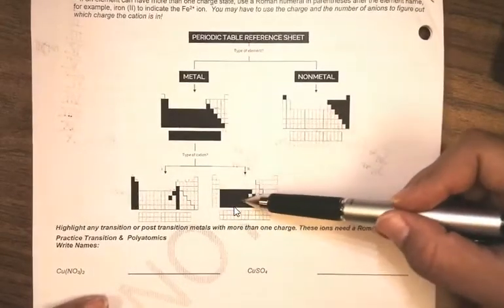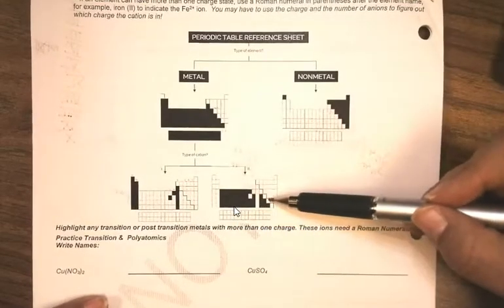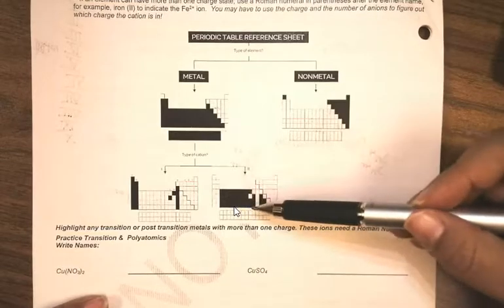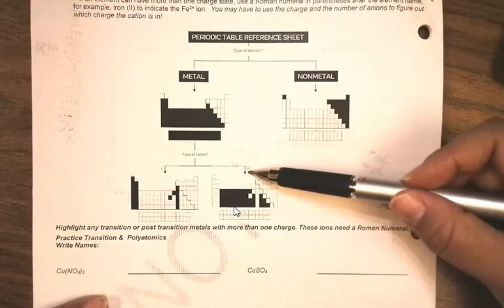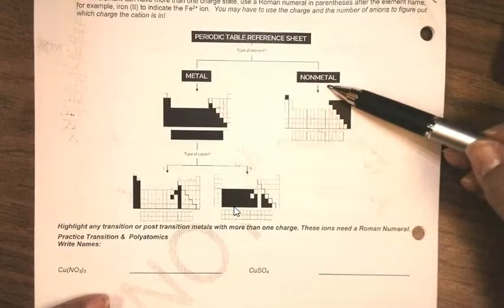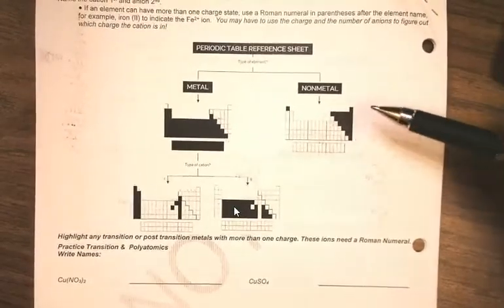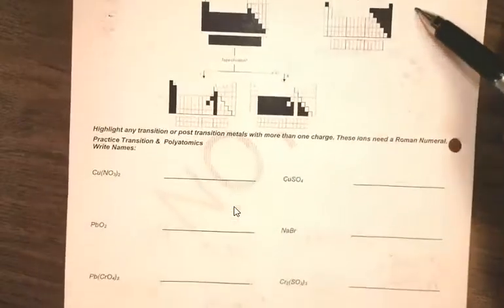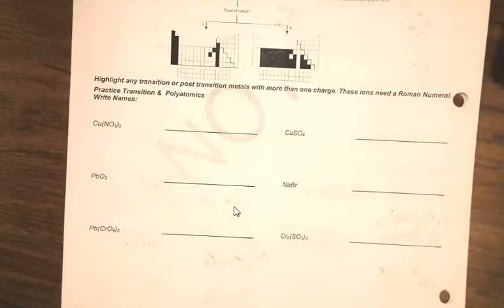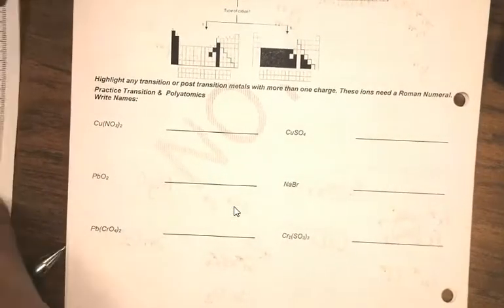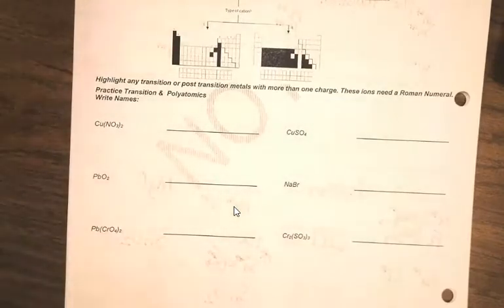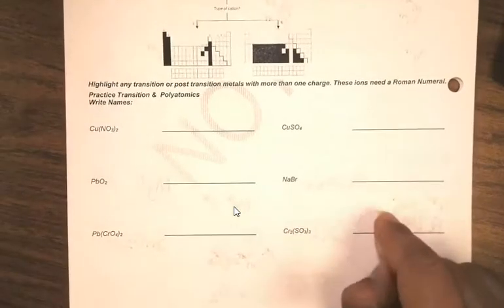If it's a transition metal or a post-transition metal that has more than one charge, I have to use Roman numerals, okay? If it's a non-metal, I just name it by changing the second part of the name to "ide."